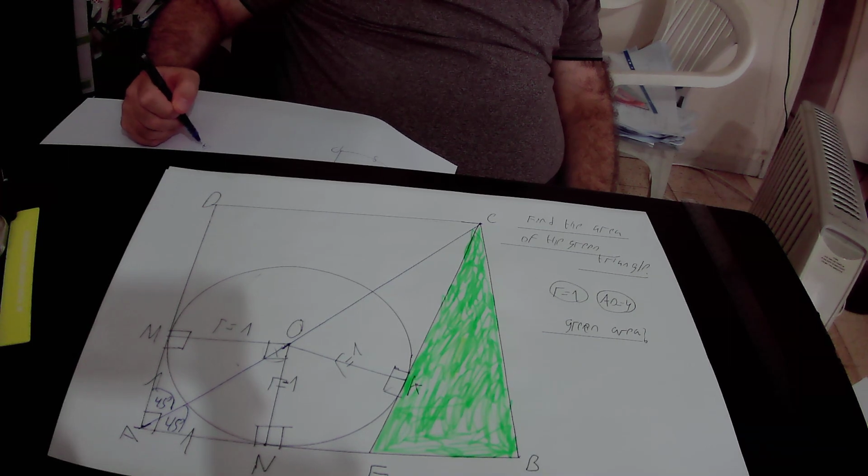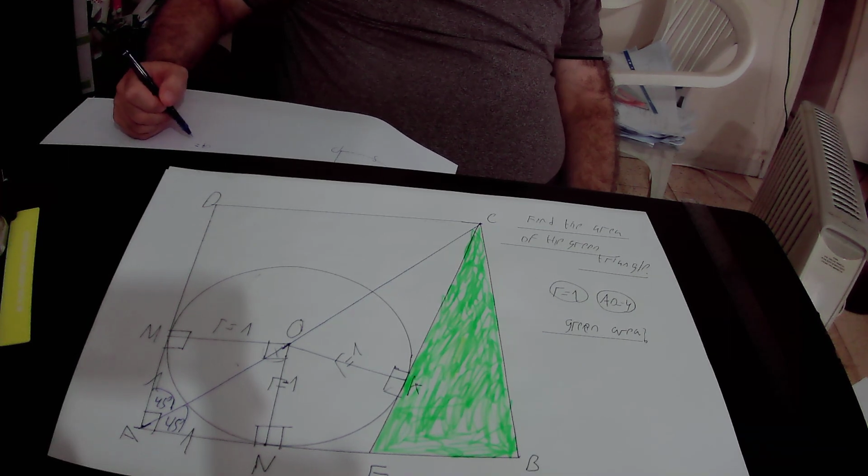Okay, we found out that CA equals 4 times square root of 2.